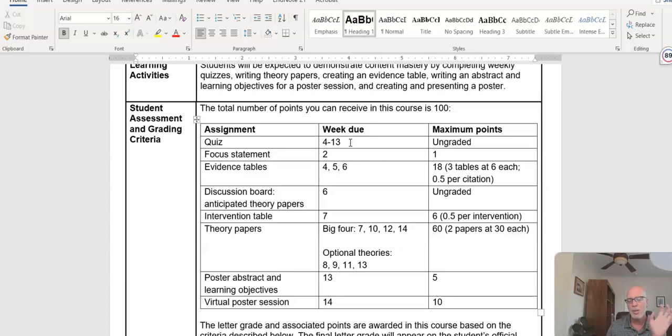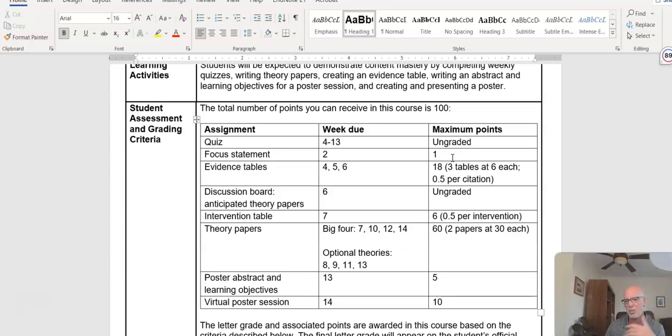Then, because we want students to apply what they're learning in class to a population and behavior of interest to them, we start off with another low stakes assignment where we ask them to develop a focus statement. This is simply them reflecting in the first part of the semester about what is their population and what is their behavior.